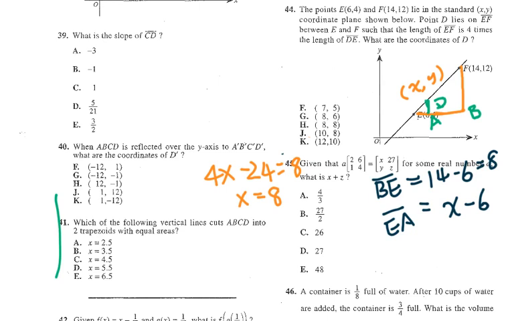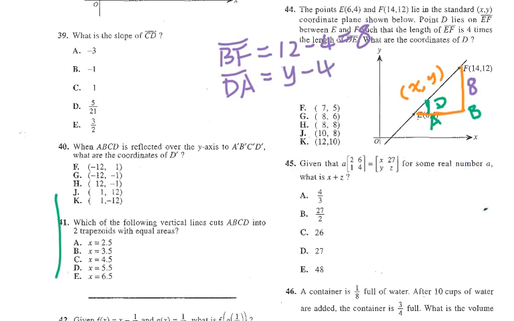For the y part, the BF, you will get 12 minus 4 equals 8. And DA, it will be y minus 4.